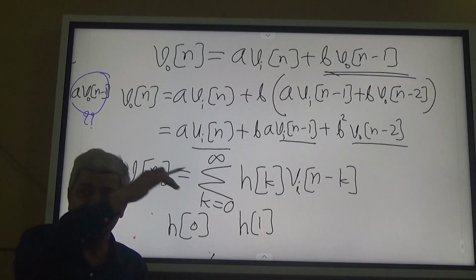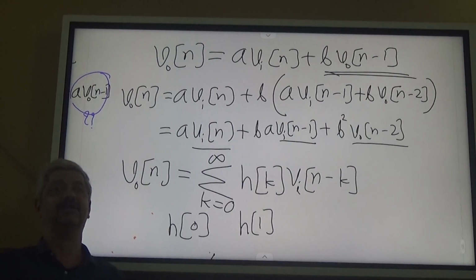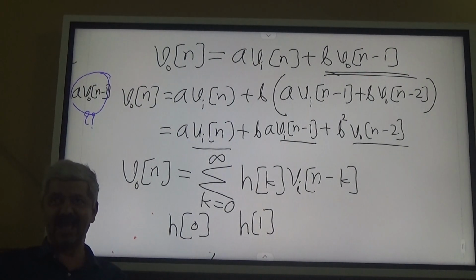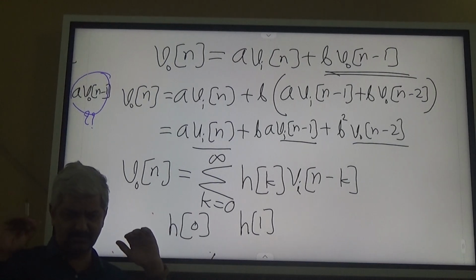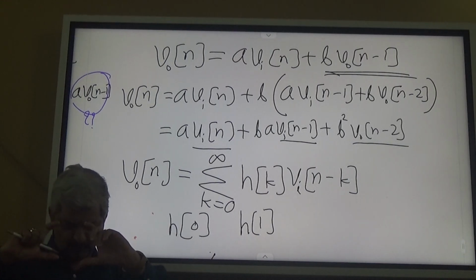How will you justify the impossibility of HK having a non-zero value for K less than 0? What will happen if H of minus 1 has some non-zero value? What would be the meaning of H of minus 1? Let us be very clear. We take the definition of HK and K equal to minus 1.